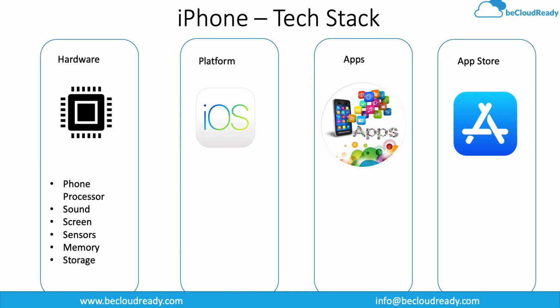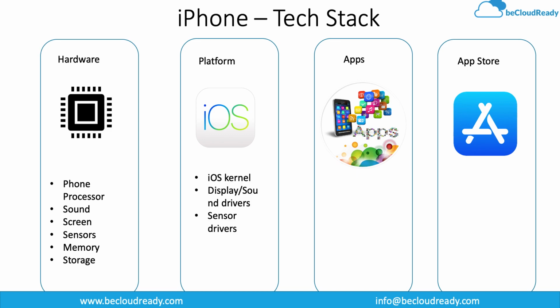By compute operation I mean making a phone call, watching a video, sending a text message, or taking a photo. Everything involves compute power, and that means you're using its hardware. So hardware could entail the processor, sound card, screen, sensors, memory, and storage.